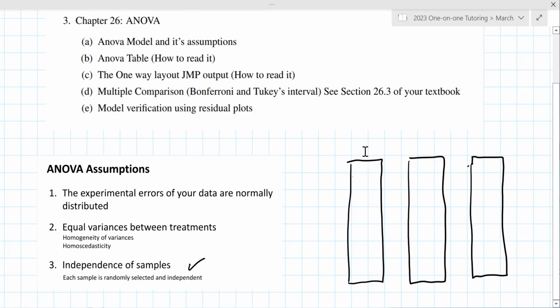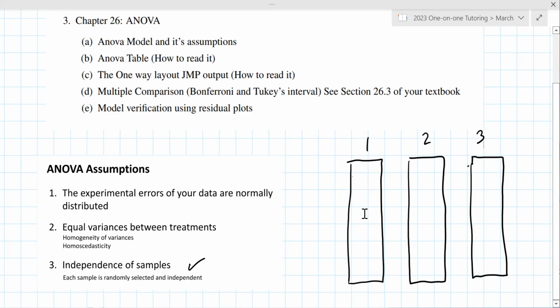Let's say you have block 1, 2, and 3, and block 1, 2, and 3 are made up of ABC, ABC, ABC. Does 1 have to be independent from 2 and 3? Yes. Does within 1 the data points have to be independent of each other?